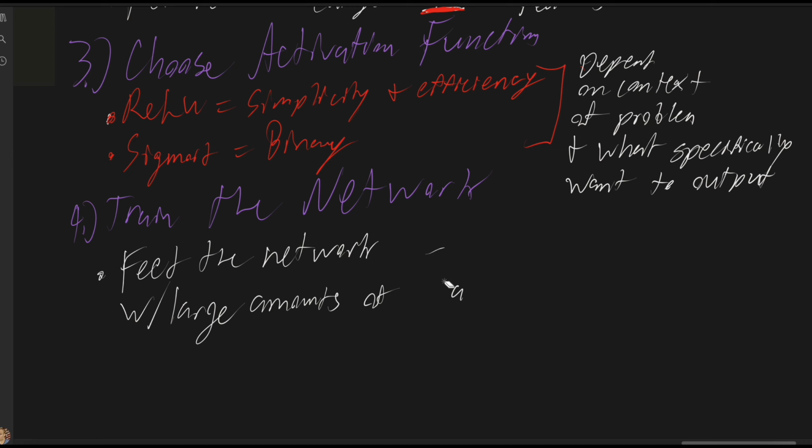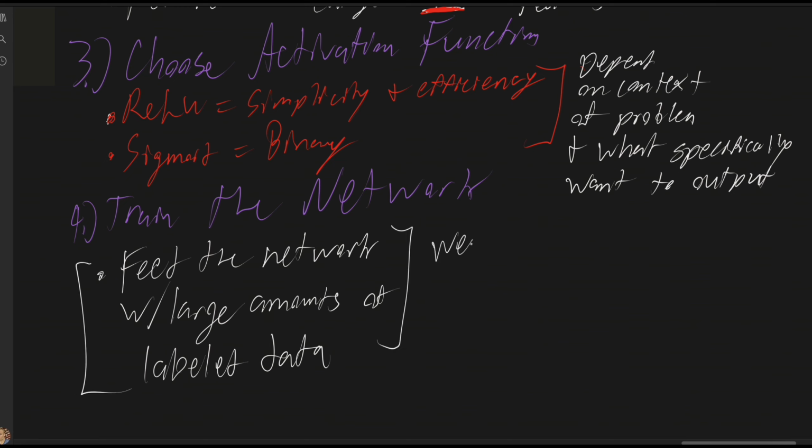All that data is labeled. And when we have done so, we would consider the weights and biases. Really, the weights between the neurons are adjusted through a process called backpropagation during the training process.